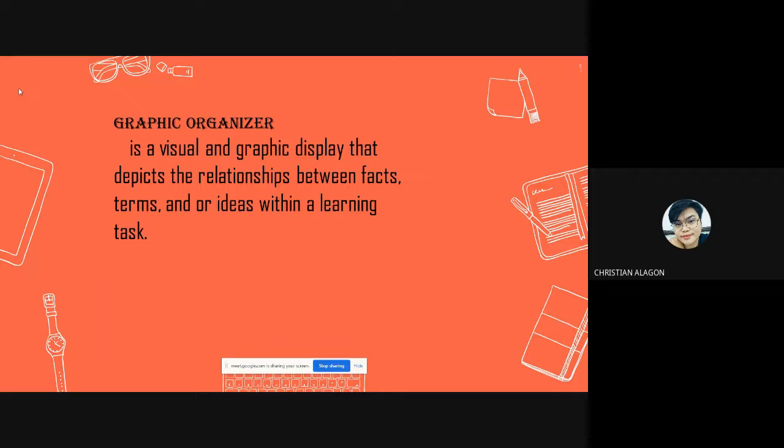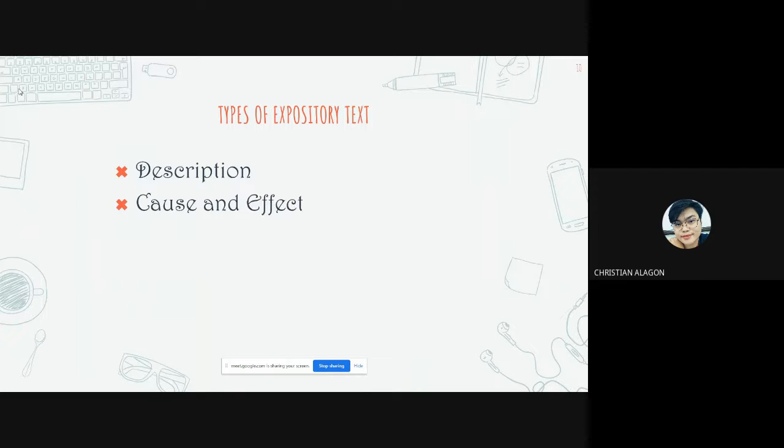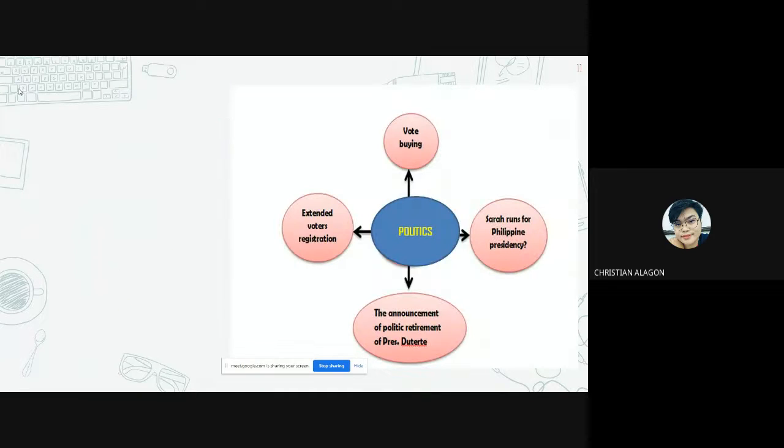We have types of expository text or graphic organizers: description, cause and effect, problem and solution, sequence, and the last one is compare and contrast. I have one here.